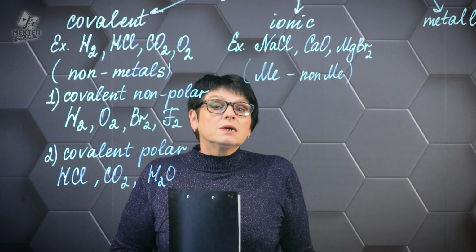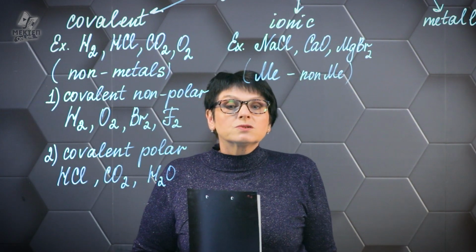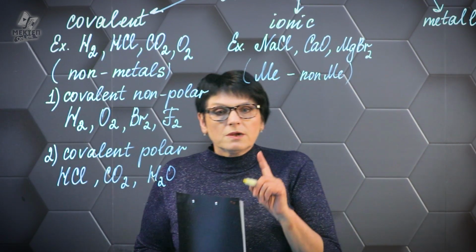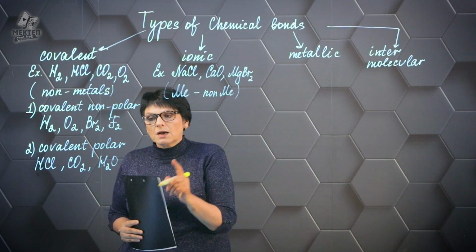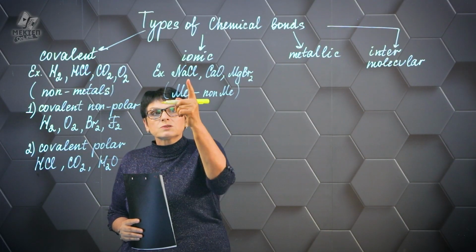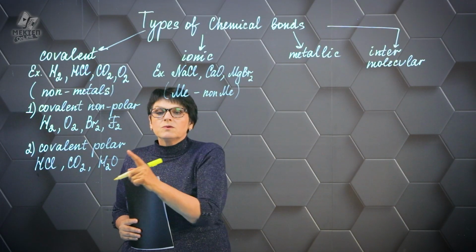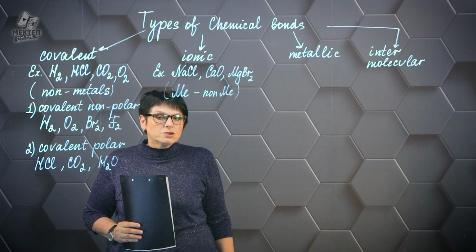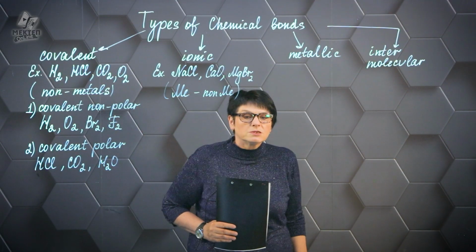And so this chemical bond is formed between metal and non-metal ions. But I'm going to ask you to remember it like that, because if you just remember it as different elements, you'll be confusing covalent polar and ionic bonding, which you shouldn't do. They're different kinds of bonding.